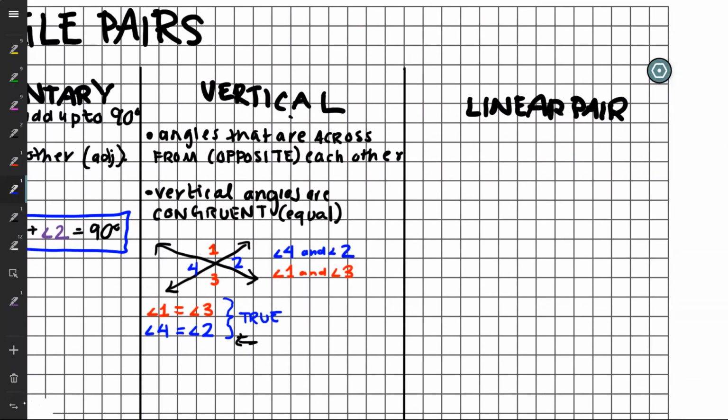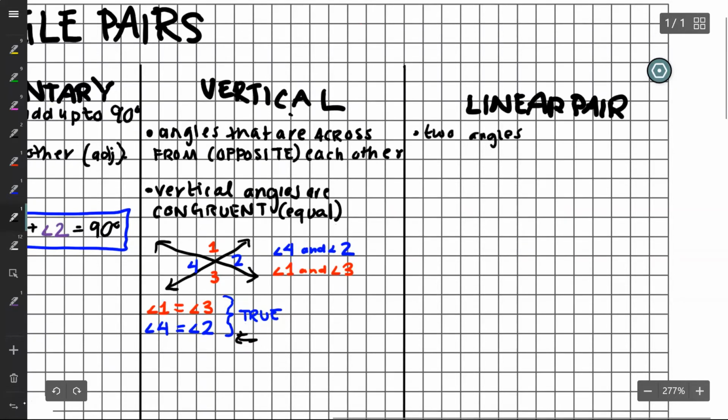Alright, and the last one that we're going to talk about are linear pairs. So linear pairs are two angles that form a line.